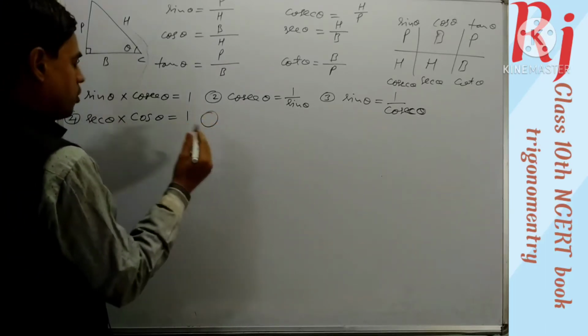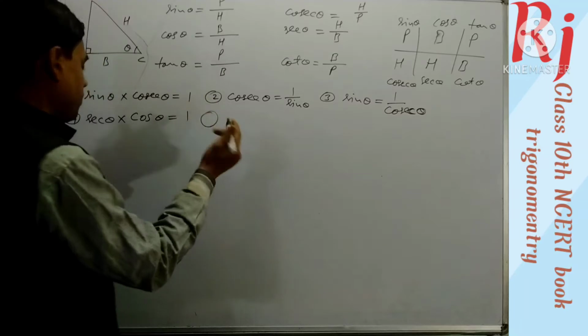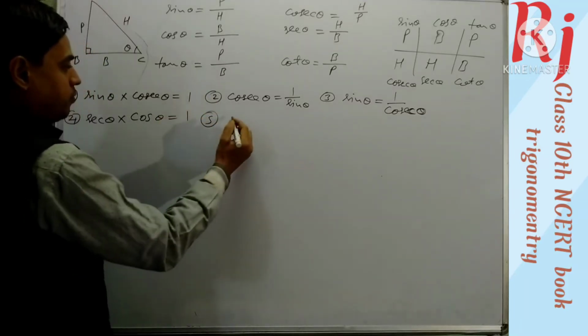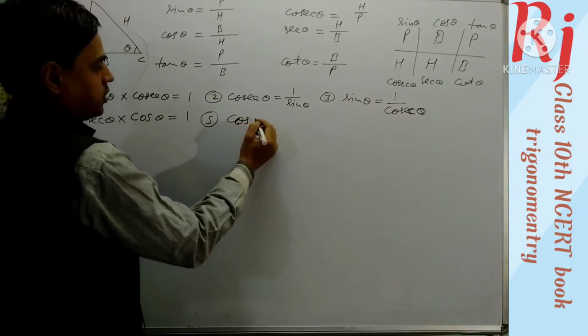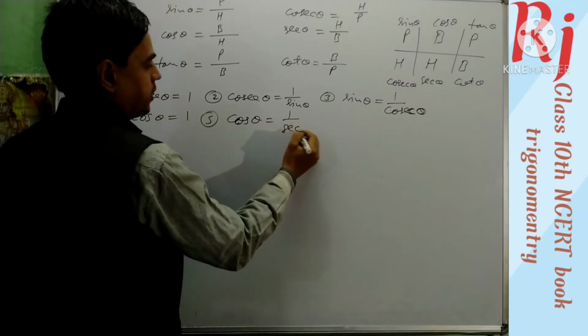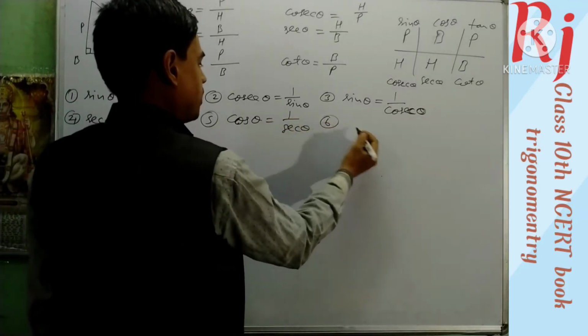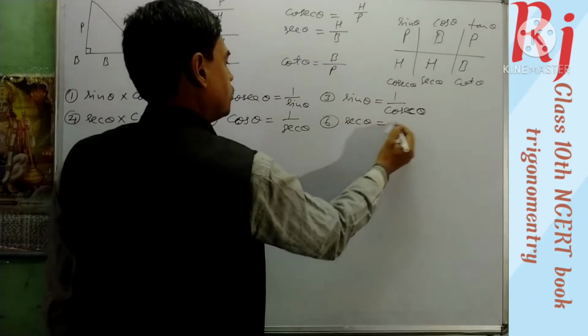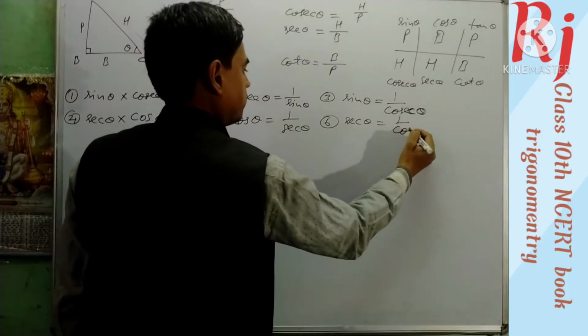Now from the fifth formula, cos theta equals 1 upon sec theta, and the sixth formula is sec theta equals 1 upon cos theta.